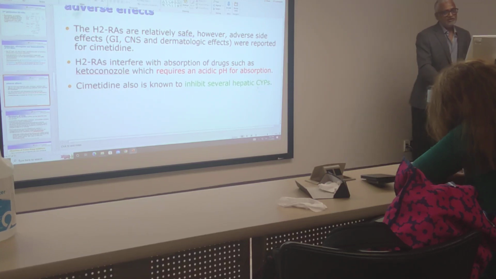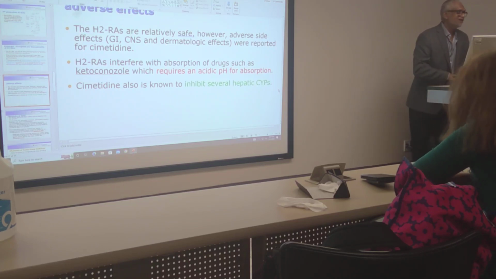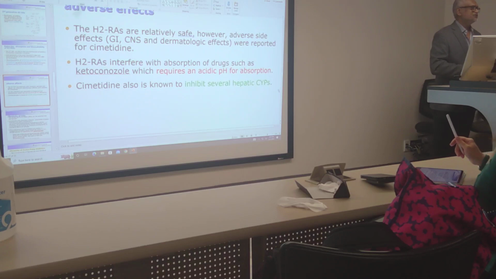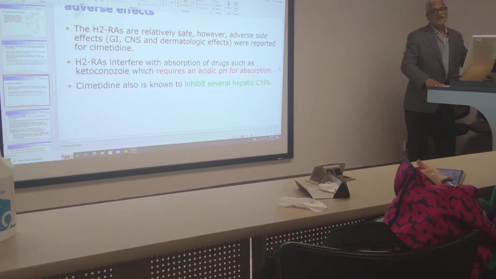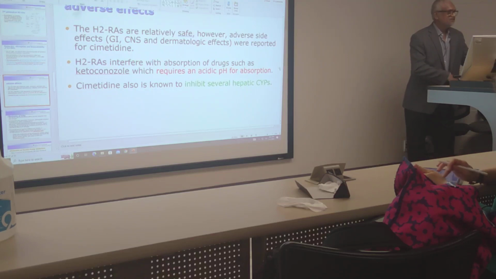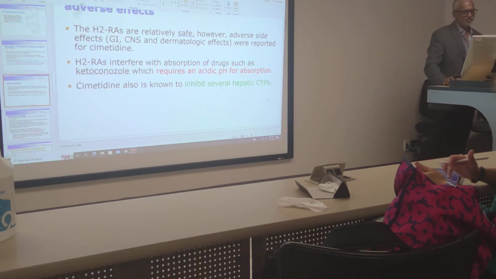Cimetidine is also known to inhibit several hepatic cytochrome P450s. That is the major drawback for cimetidine. That's why, I don't know whether they prescribe cimetidine or not. These days, the second generation famotidine, ranitidine and nizatidine are the preferred H2RAs.